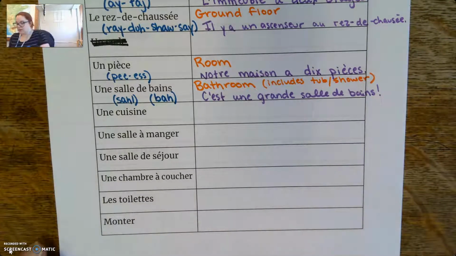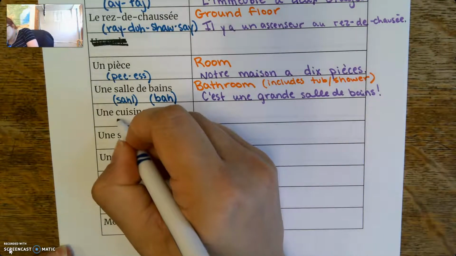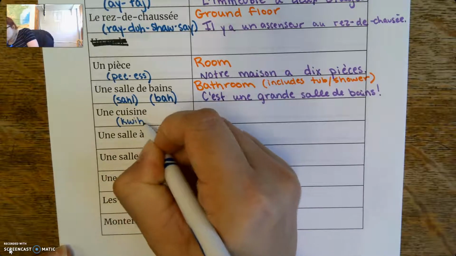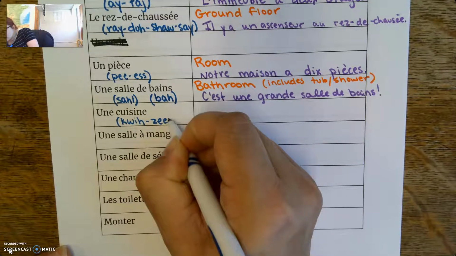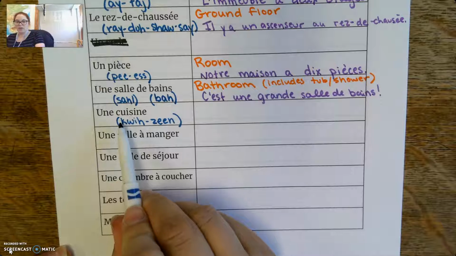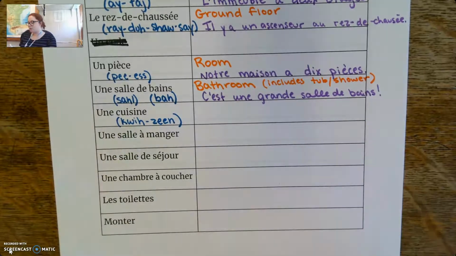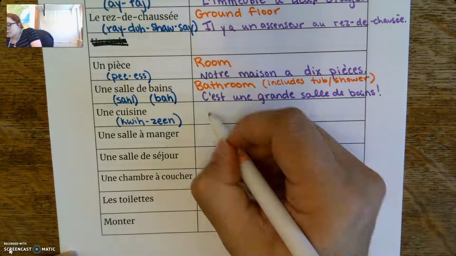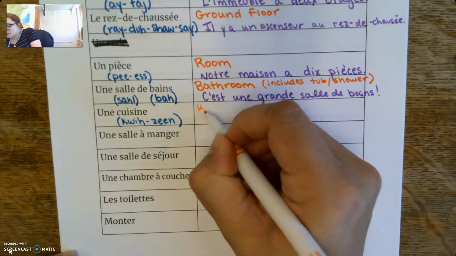The next one is une cuisine. Cuisine. And looking at this word, you think, oh, I know the word cuisine. That has to do with food. And that's true, because the cuisine, la cuisine, is where you're going to cook your food. That's a kitchen.